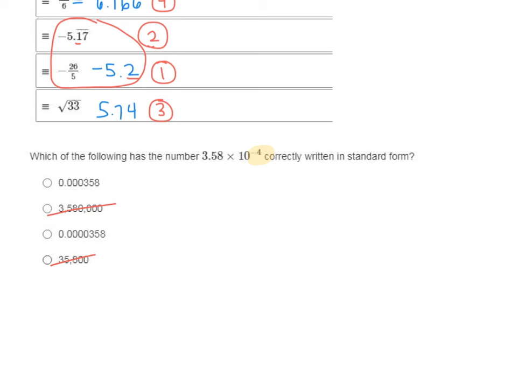So -4 tells me I'm going to move my decimal 4 places to the left. So 1 place, 2, 3, 4. Now I'm going to fill in with zeros in those spaces, so I should have a decimal and 3 zeros. Here's the decimal that has 3 zeros. There is my answer. Okay, 2 more questions.